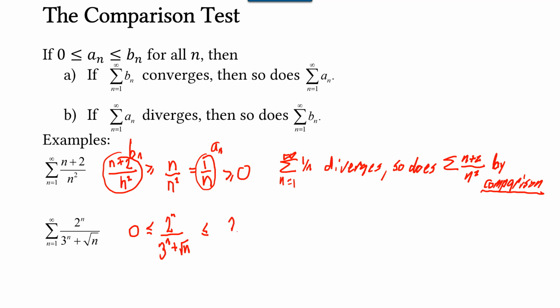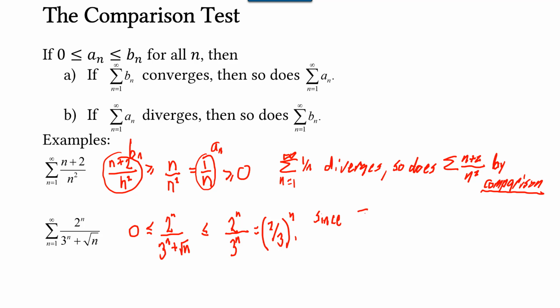And what I'm going to do is take a look at the denominator. I'm going to remove that square root of n. That means I've made my denominator smaller, so I've made the entire fraction larger. And now this nth term we're comparing to, I can rewrite as 2/3 to the n.